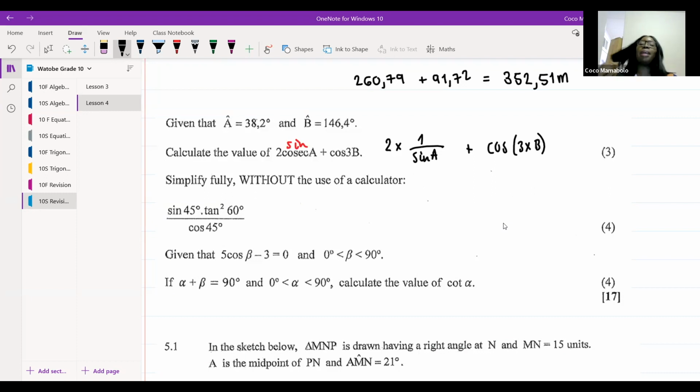So I'm going to take my A and my B and replace them with the numbers. Sine of 38,2 degrees. And then my B value over here becomes 146,4. Then I punch it into my calculator exactly the way it looks. There won't be any issues here. My answer is going to come out as 3,40.